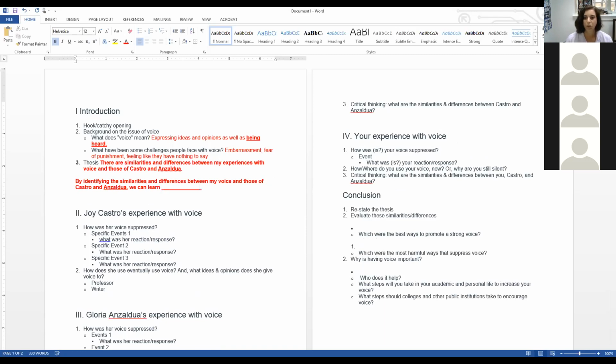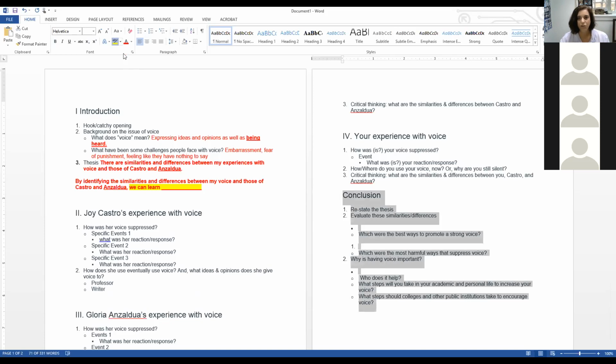Something like this, where you'd have the same part, but point out the reasoning behind it. What do we learn about everybody having struggles with voice, their voice being suppressed, the desire to express yourself? But whatever you would put in there is what you identify in your conclusion paragraph, okay? That global insight, that higher level thinking.